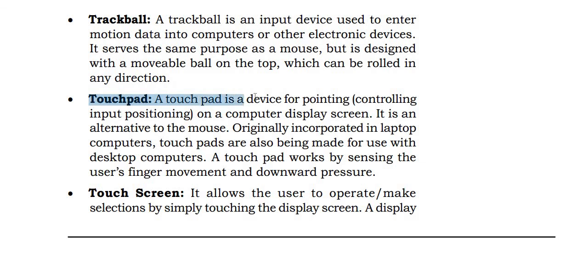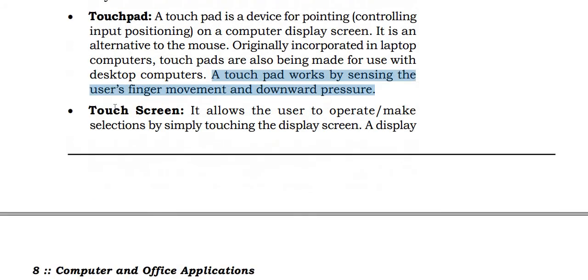A touchpad is a device for pointing, controlling input positioning, on a computer display screen. It is an alternative to the mouse. Originally incorporated in laptop computers, touchpads are also being made for use with desktop computers. A touchpad works by sensing the user's finger movement and downward pressure.